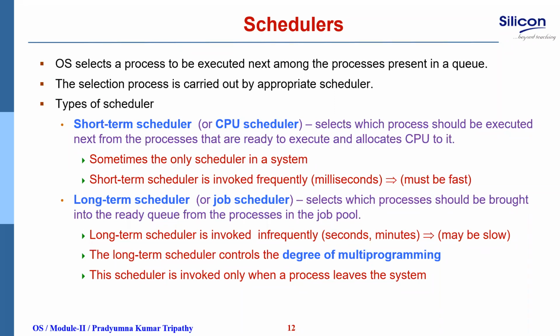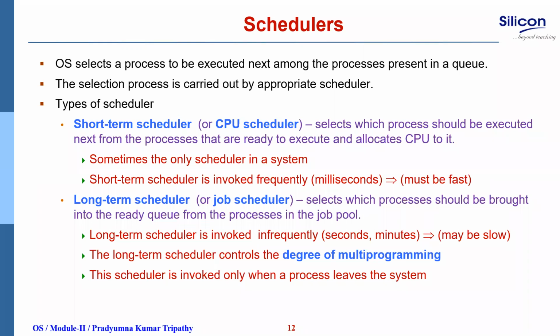The long-term scheduler is invoked infrequently. Infrequently means it is not invoked very often, because once the process is brought to memory and created, there is no work for the long-term scheduler. It is also very slow. The long-term scheduler controls the degree of multi-programming.